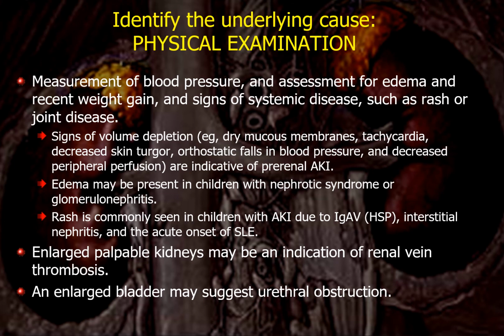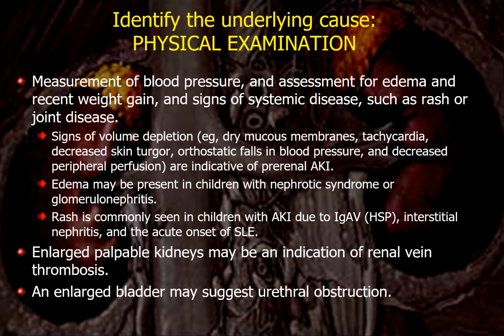Edema may be present in children with nephrotic syndrome or glomerulonephritis. Rash is commonly seen in children with AKI due to IgA vasculitis, or formerly called HSP, interstitial nephritis, and the acute onset of systemic lupus erythematosus, or SLE.